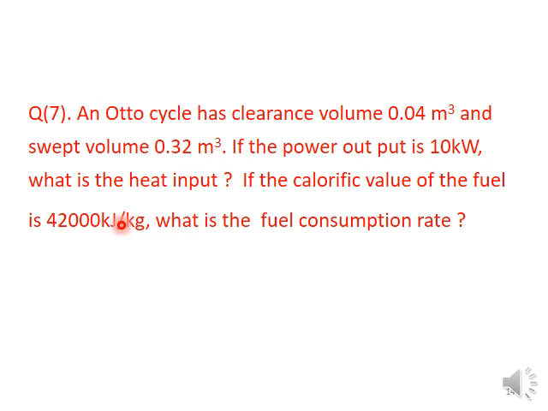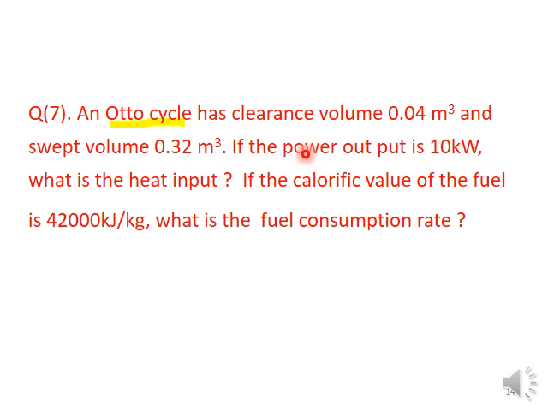So this problem is important for the 3 marks question, and they mention that it is an Otto cycle, and they have given the clearance volume 0.04 meter cube and swept volume 0.32 meter cube, and the power output, which is nothing but the work done, is 10 kilowatts, meaning 10 kilojoule per second.